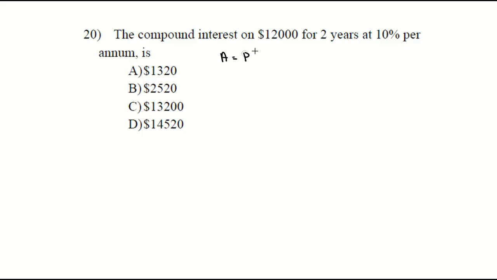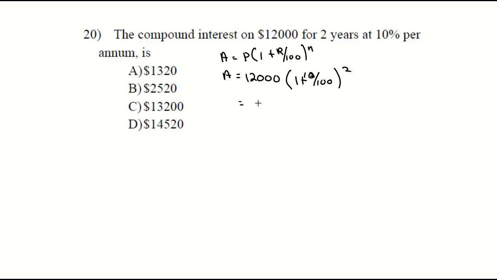Amount is equal to principal by 1 plus r over 100 to the power of n. So the amount after compound interest would be 12,000 by 1 plus 10 over 100, all to the power of n, where n is the number of years.